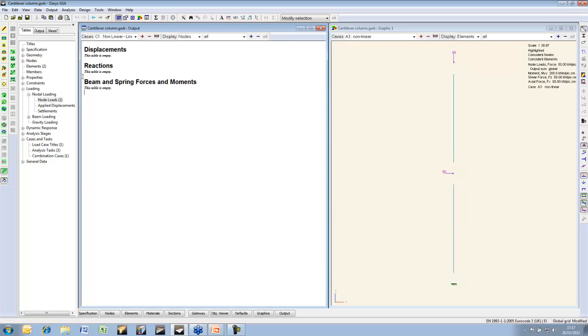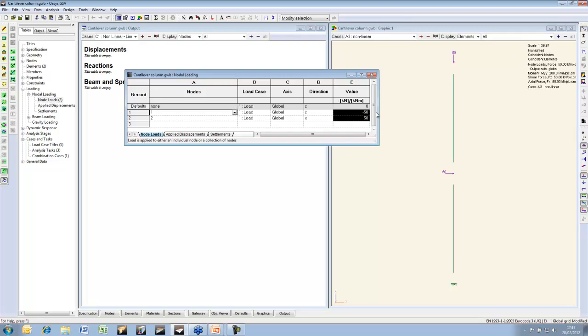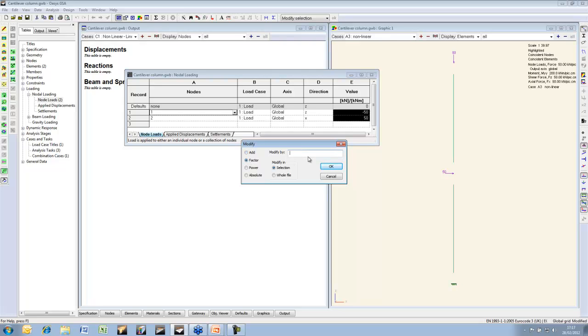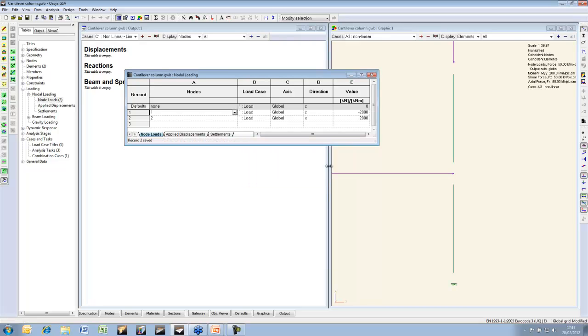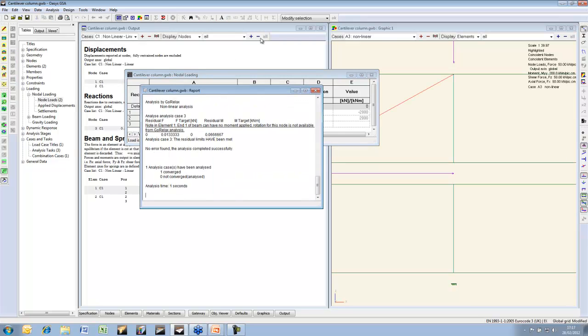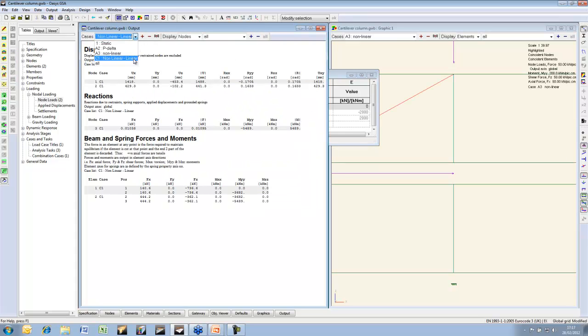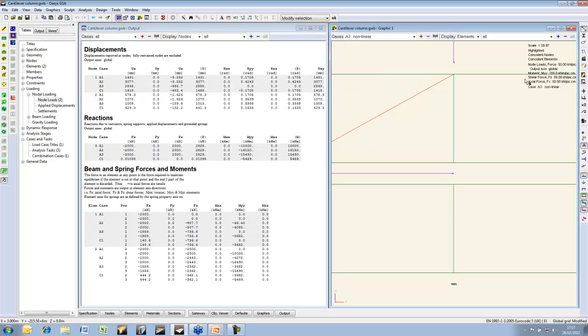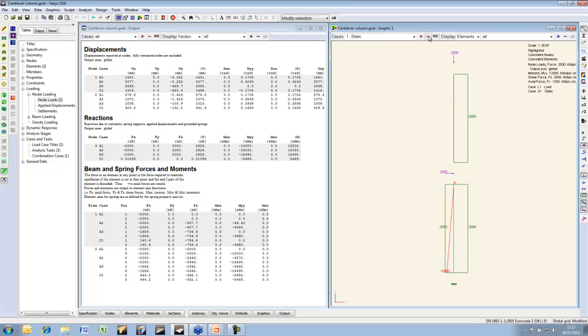Now, if we instead push this beyond sensible values to, say, 2000 kilonewtons, and this is obviously going to be way beyond deflection limits, we can see that for the linear analysis we're still getting linear responses in the shear forces, axials and so on.